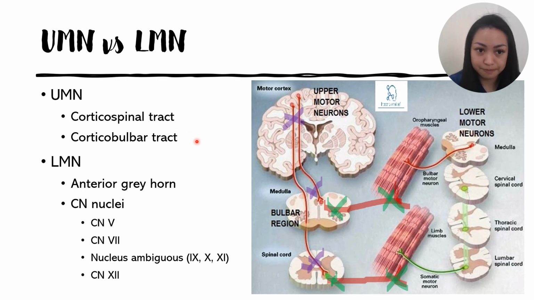Pseudobulbar palsy. Okay, and any lesion in the cranial nerve nuclei here has got a special name as well. This is called bulbar palsy. So lesions in the corticobulbar tract are known as pseudobulbar palsy, and lesions in the cranial nerve nuclei that it supplies are called bulbar palsy.